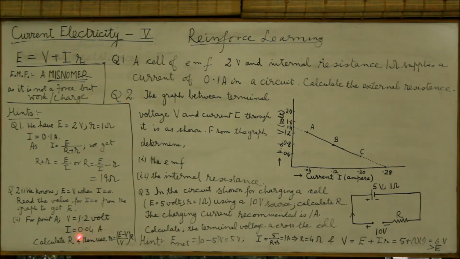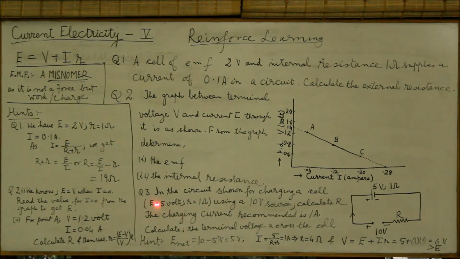V equal to 1.2 volt and I is equal to 0.04 ampere. You can calculate R by simple application of Ohm's law, V is equal to IR, and then use the relation r is equal to E minus V over V into capital R to get the internal resistance.